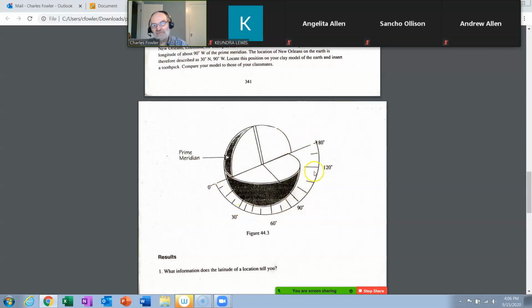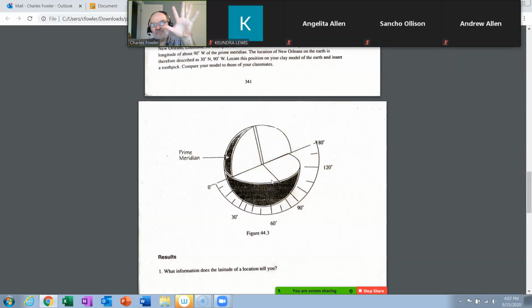So you go 0 to 180 degrees east, or if you did it on the other side, crossing the Atlantic from the prime meridian, get into the U.S., and we would be right over here about 89 or 90 degrees west. 80 some degrees, 86 maybe, somewhere over there. That's where we live. Okay? Keep on going around to California till you get back into the Pacific, and then somewhere in the Pacific there's your international date line, back there at 180 degrees west or 180 degrees east. That's what you measure your longitude by.